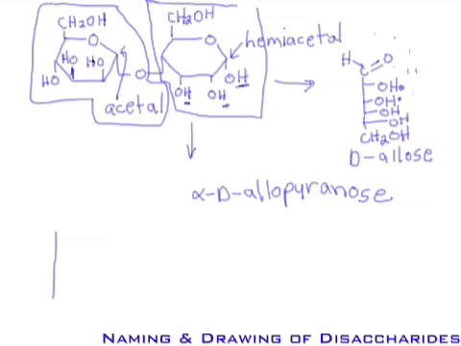So the anomeric OH is down, so it's to the right. And then we've got two OHs above, so they're to the left. This OH is right, because it's below. And we have a D sugar, so CH2OH is up, so there's my linkage.